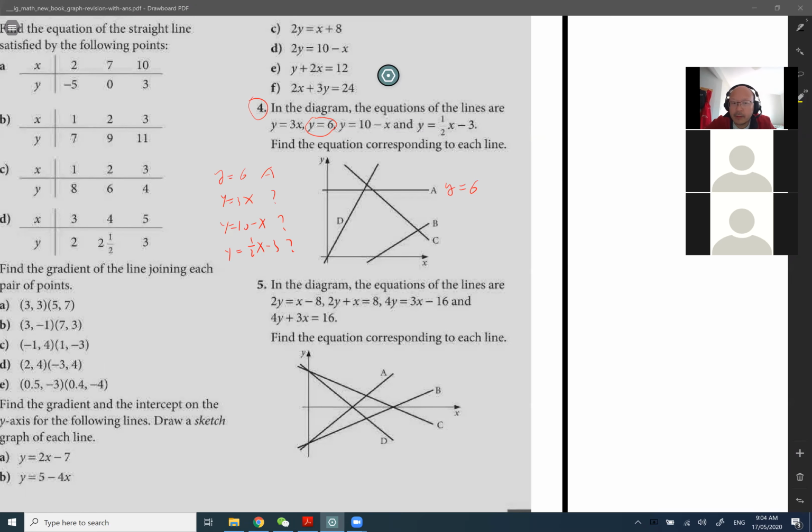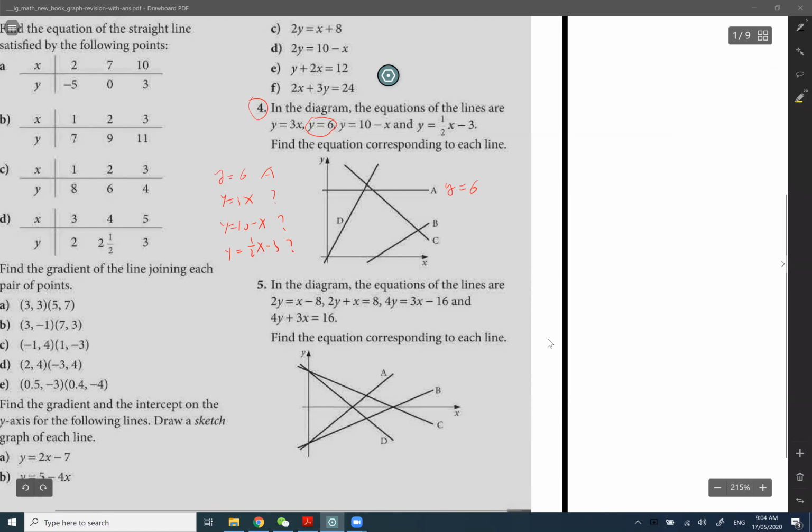Perfect. Okay. You can check y equals 3x.